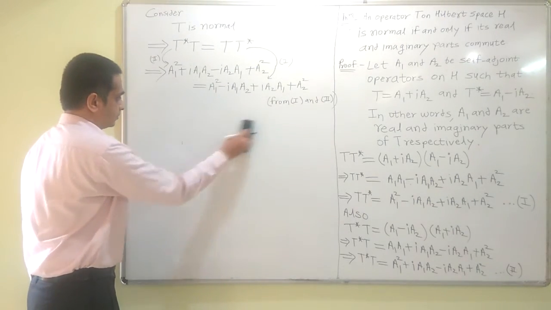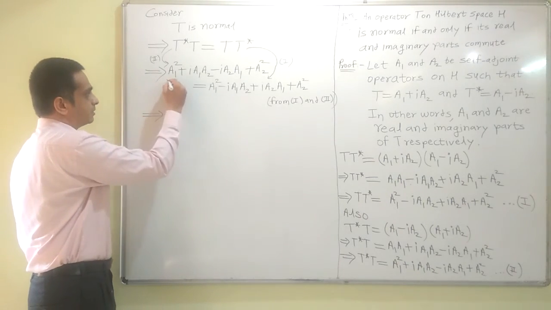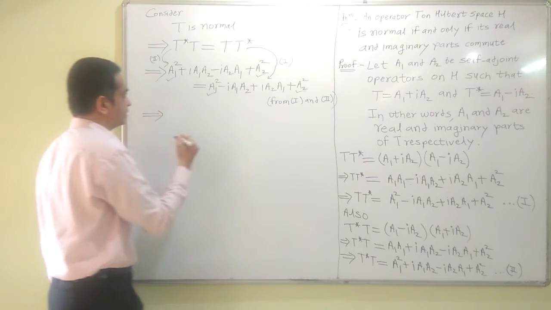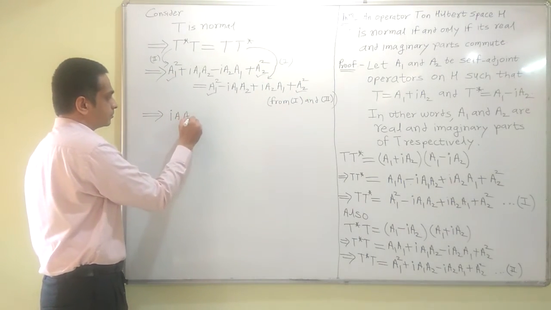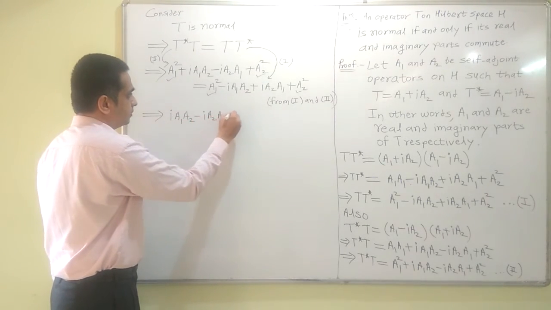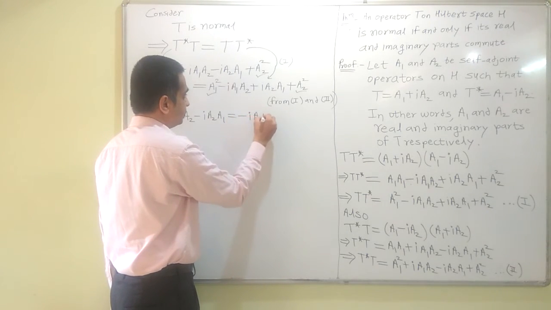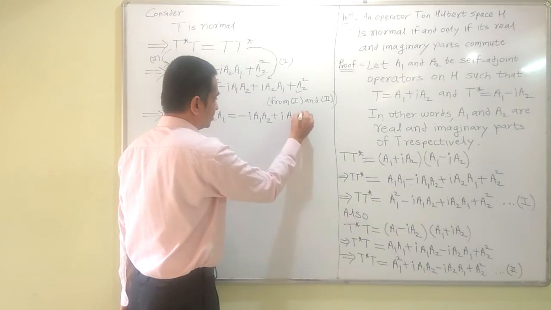Now it is easy to observe that A1 squared gets cancelled and A2 squared gets cancelled. What we are left with is i A1 A2 minus i A2 A1 is equal to minus i A1 A2 plus i A2 A1.